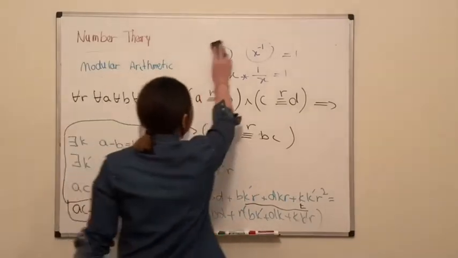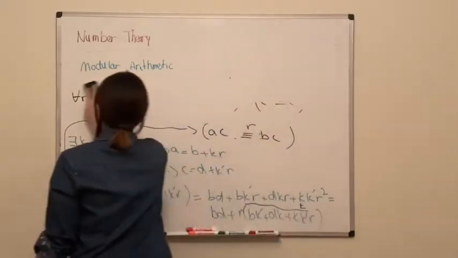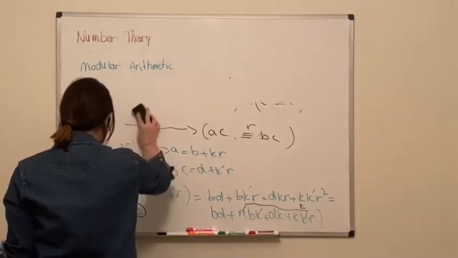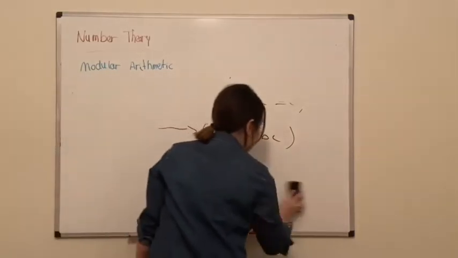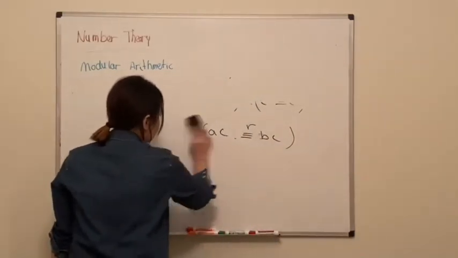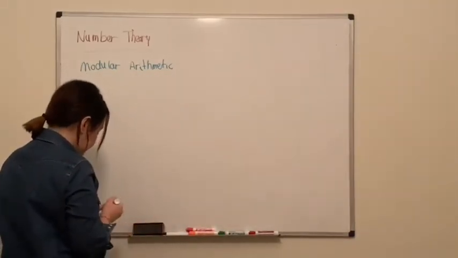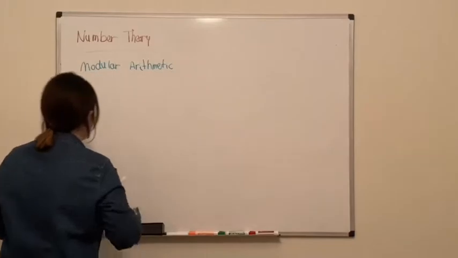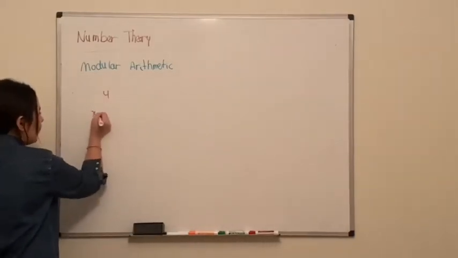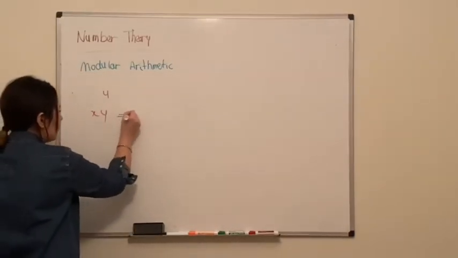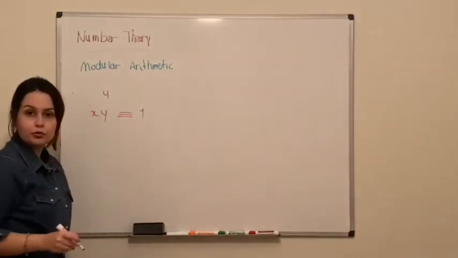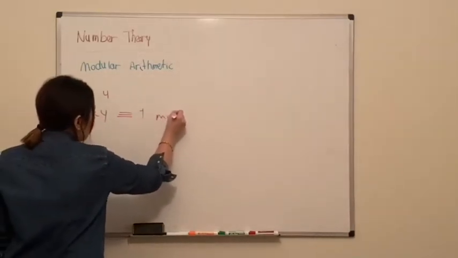We want to define a new concept, which is the inverse of a number x. Here, the inverse of a number x is some y such that x times y is congruent to 1 mod r.